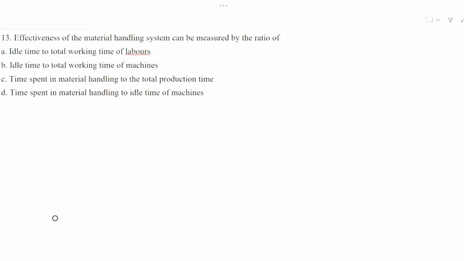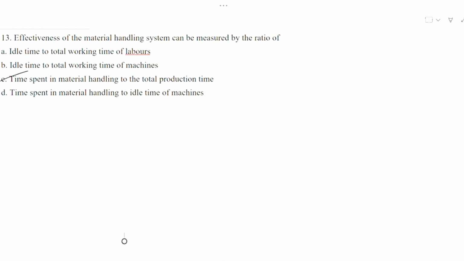Effectiveness of material handling system can be measured by the ratio of the time spent in material handling to the total production time.